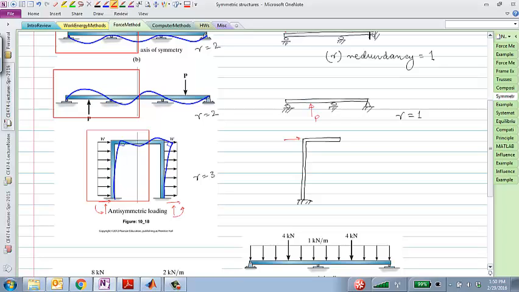The loading remains like this. What would be the boundary condition here? What would be the boundary condition at this point?